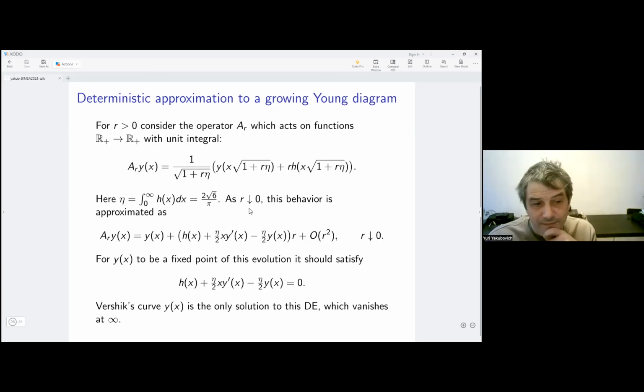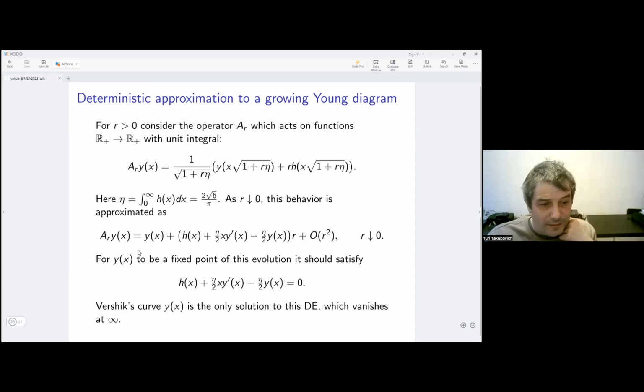If r is small, then we can just approximate it using Taylor formula, and it is as follows: the initial value plus something times r plus O of r squared by Taylor decomposition.